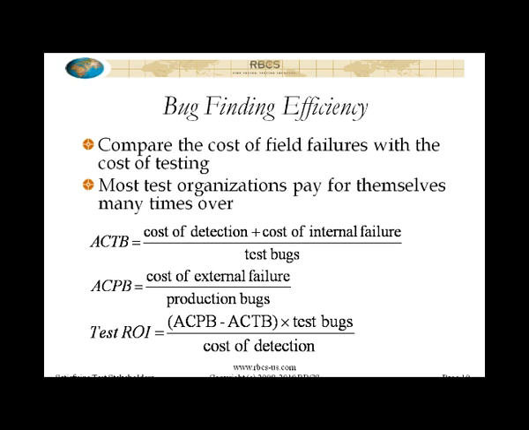That is being deducted out of the benefit. So this is a net benefit, not a gross benefit. And if we then divide that by the cost of detection, that gives us the return on investment, or ROI, because that's how you calculate the return on investment.